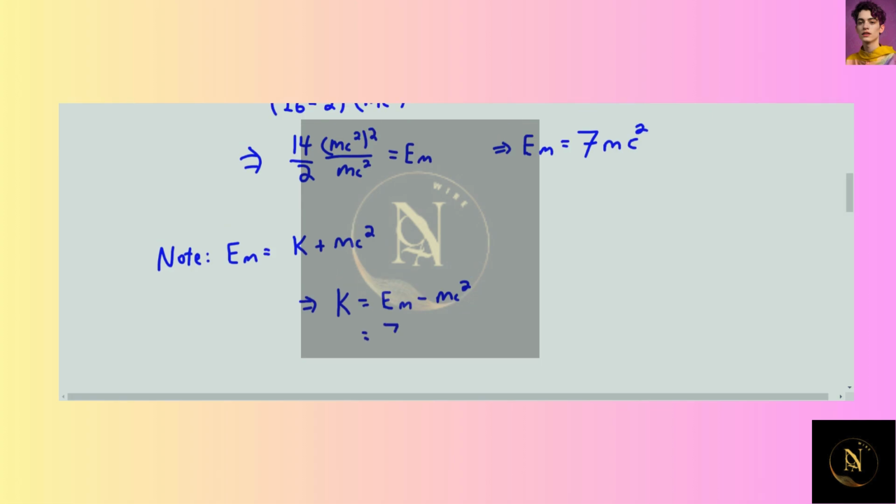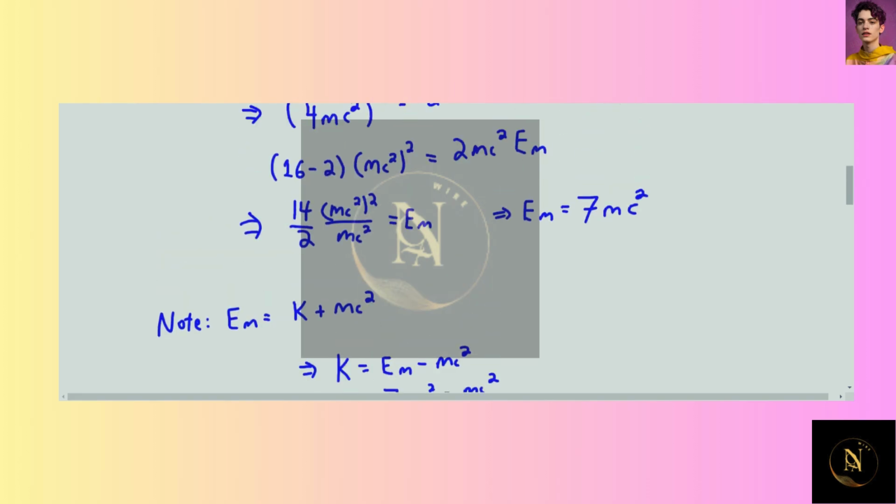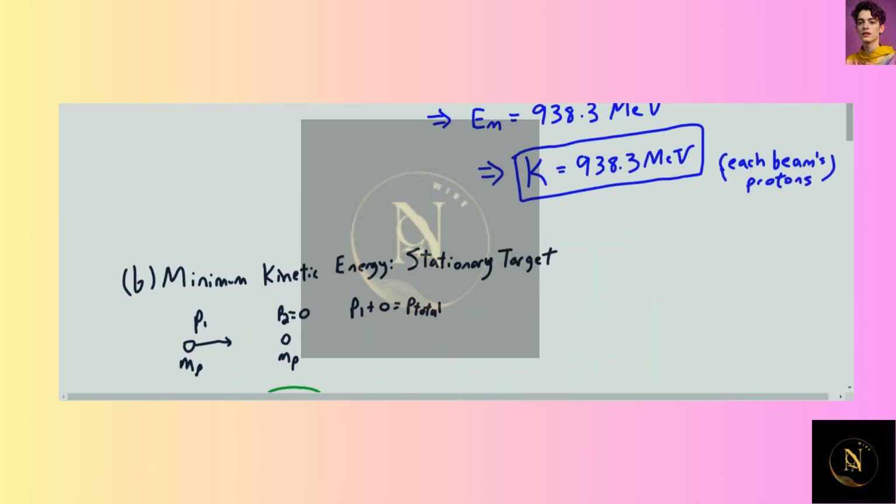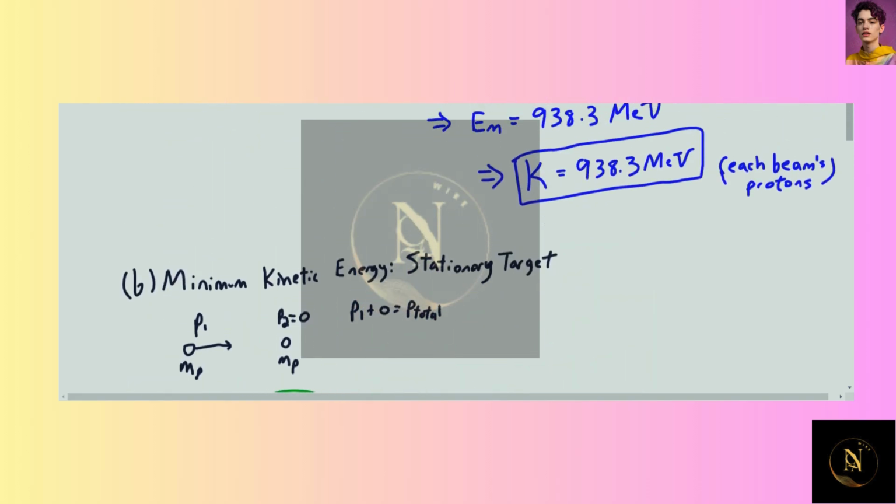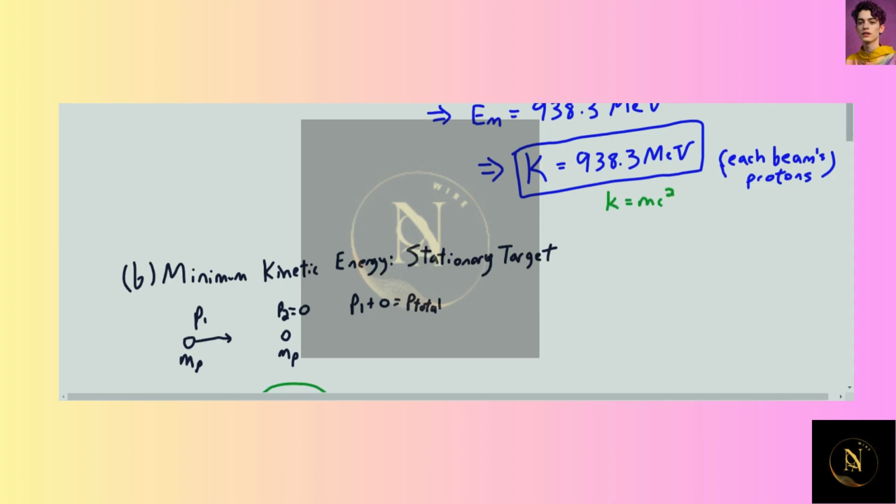So that means 7 mc squared minus mc squared, so K is 6 mc squared. It's 6 times the rest mass energy, whereas up here, it was just the rest mass energy. K equals mc squared for the equal and opposite beam.